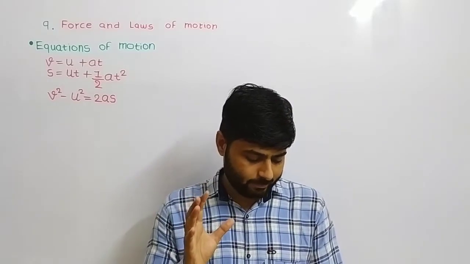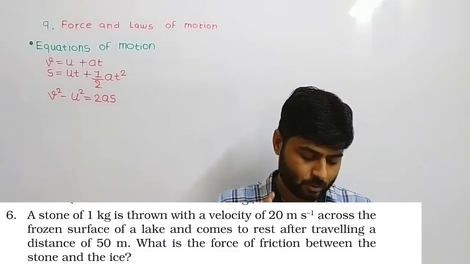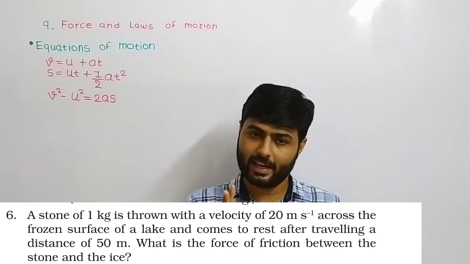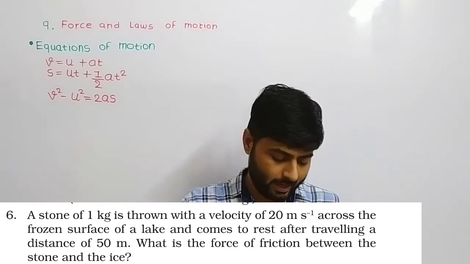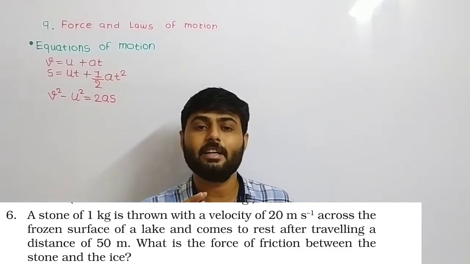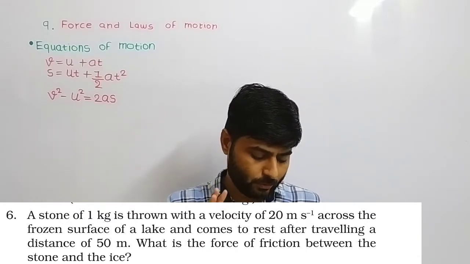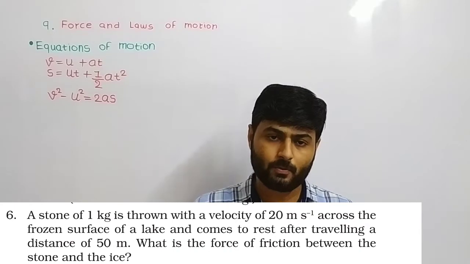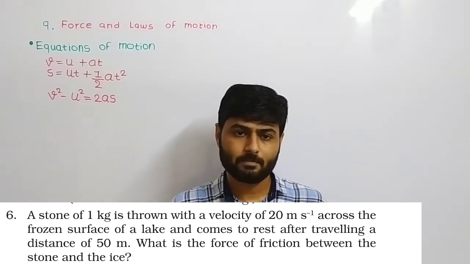What is the data? A stone of 1 kg is thrown with a velocity of 20 meter per second across the frozen surface of a lake and comes to rest after traveling a distance of 50 meter. What is the force of friction between the stone and ice? First, let's try to understand the data.